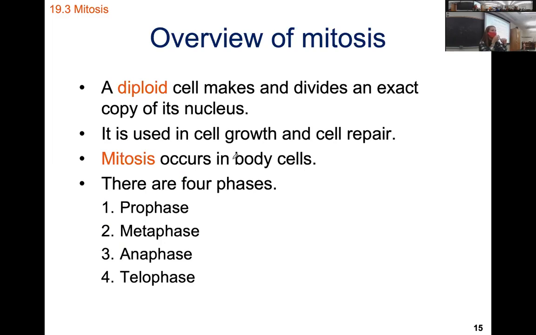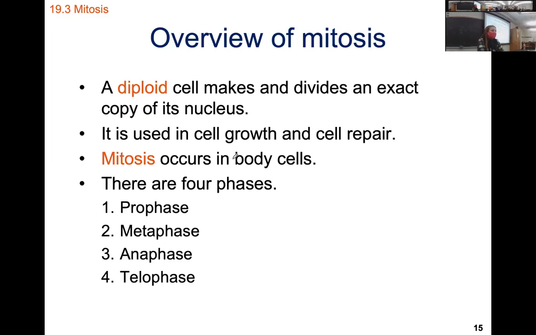This is not your sperm and egg cells. It is used for cell growth and repair. So it's the same thing: you get a cut on your hand, you're going to eventually have a scar, maybe. But the way your skin rejuvenates and heals from that is by cell division and replication.